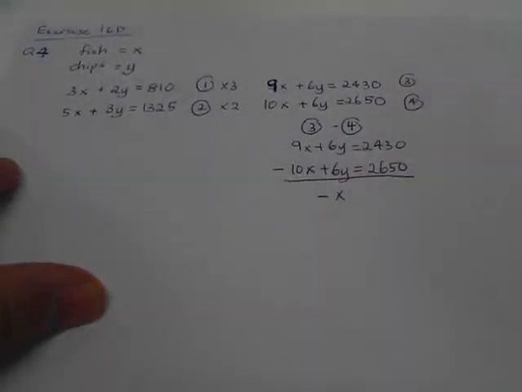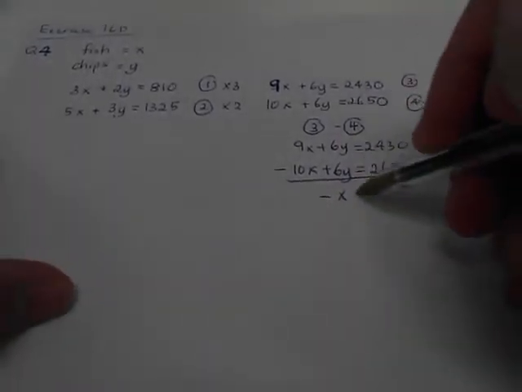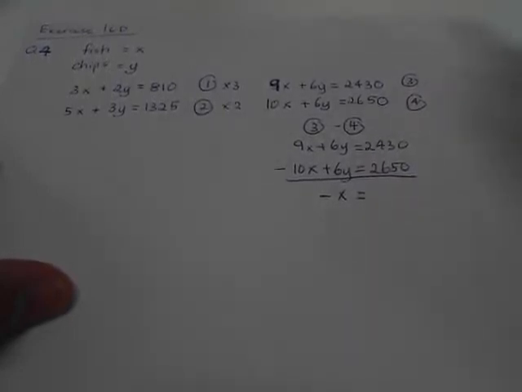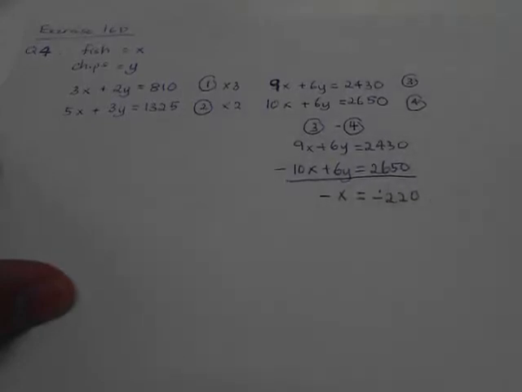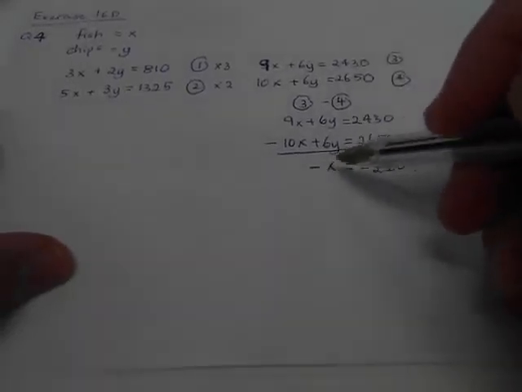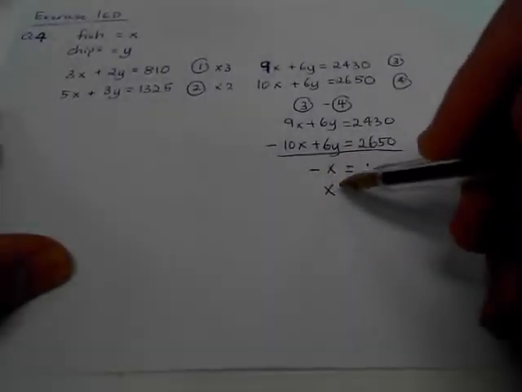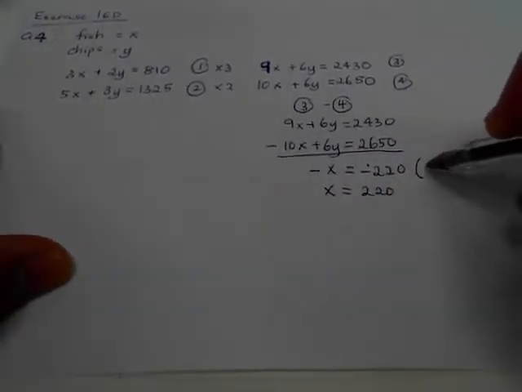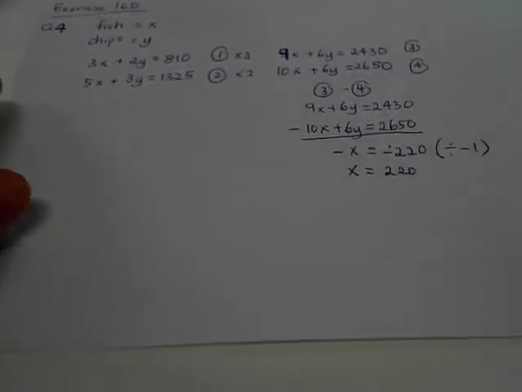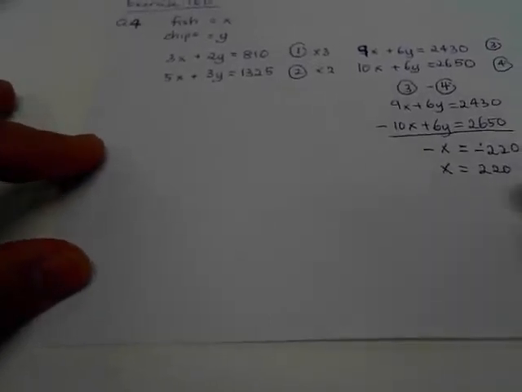Plus 6y minus 6y will definitely give you 0. And 2,430 take 2,650 gives negative 220. So negative x equals minus 220, therefore x is 220, because you divide this by negative 1, to get x equals 220. So we are done with x.